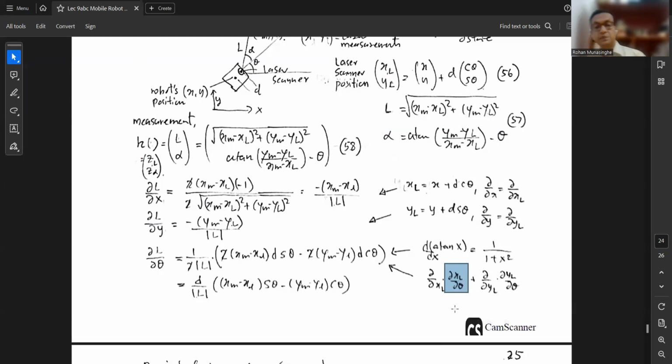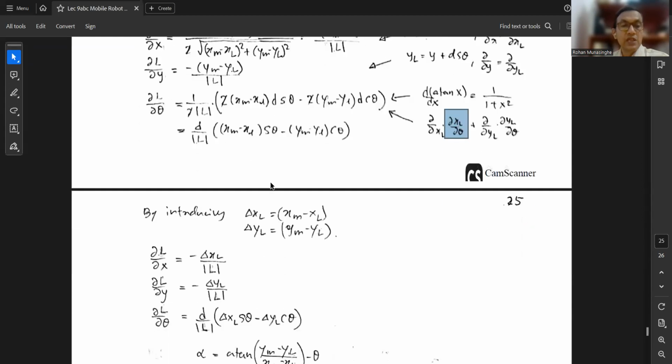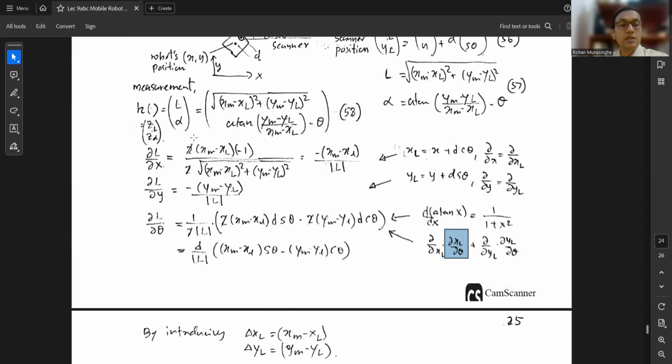So when you do that, you can get all of the partial derivatives. And now a lot of these partial derivatives come with XM minus XL and YM minus YL, right? So this is the x gap and y gap, okay, x distance and y distance.